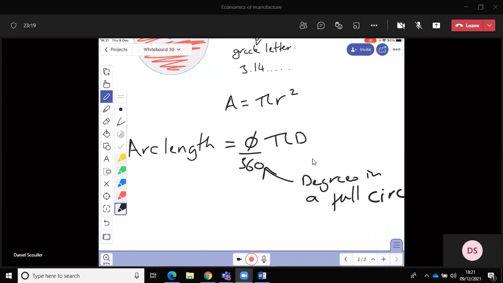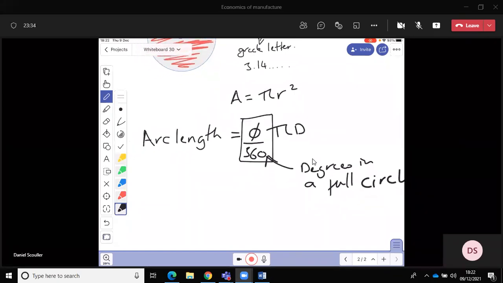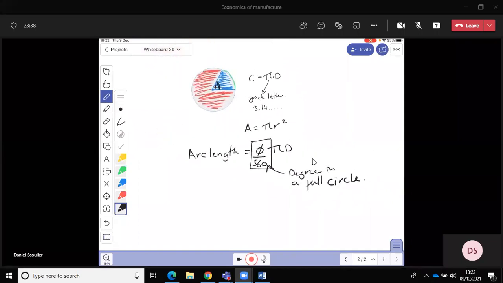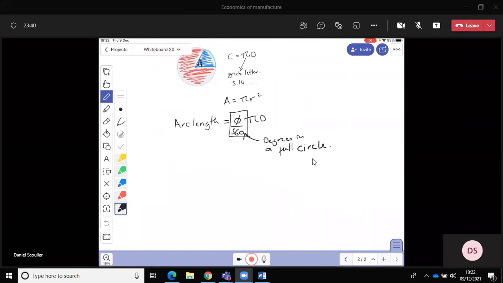So essentially, that part is just a ratio of how much of the pizza, how much of that circle you're taking away, a percentage of how much of that circle you're taking up. So let's put some numbers into that.